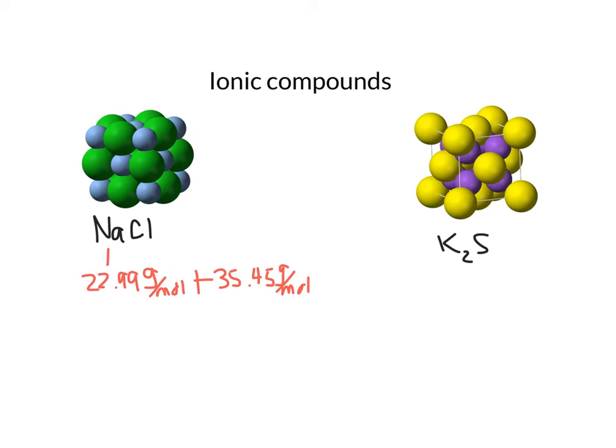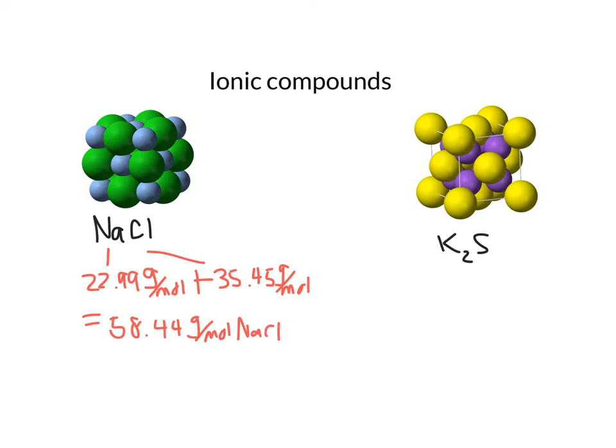So that's for the sodium, that's for the chlorine, and when I add those together, I get the mass of sodium chloride. So 22.99 plus 35.45 is equal to 58.44 grams per mole of sodium chloride.